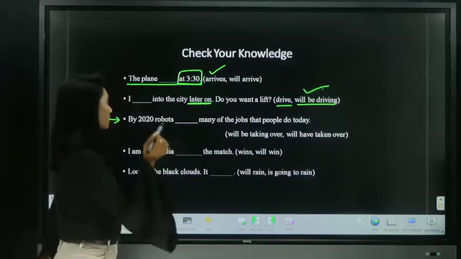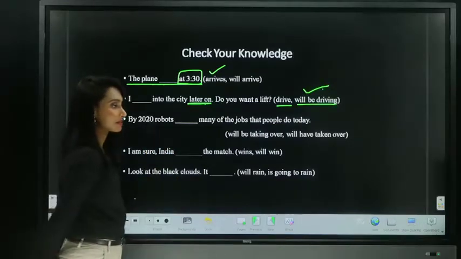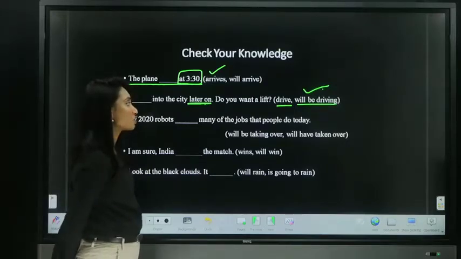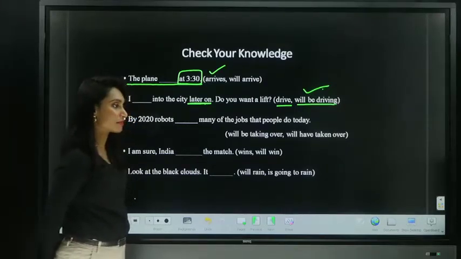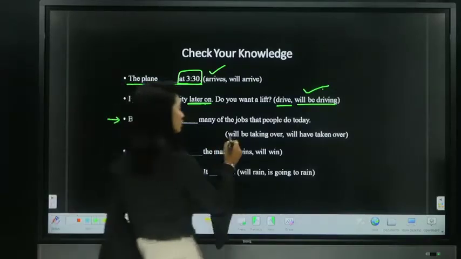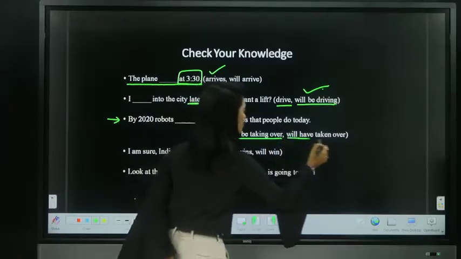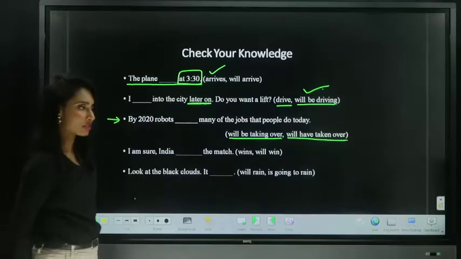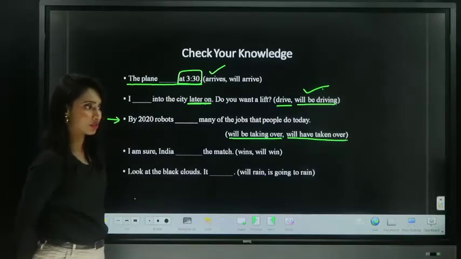We have to fill it here: by 2020, robots dash many of the jobs that people do today. You are given only two options, guys, so quick. Which one?